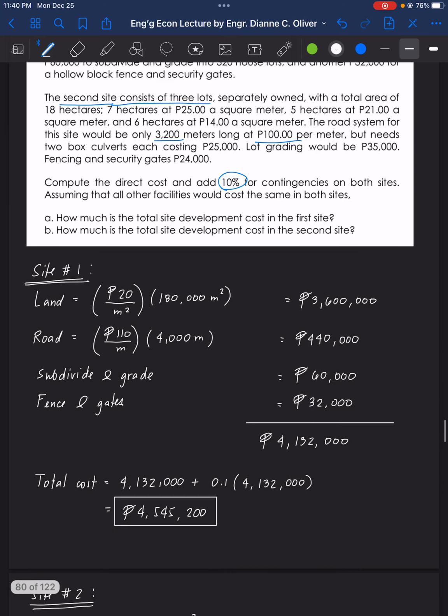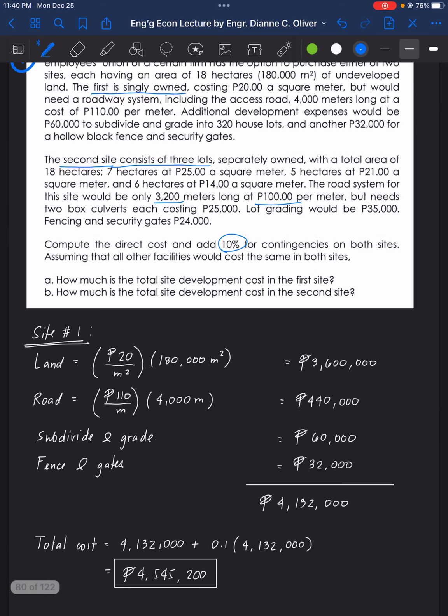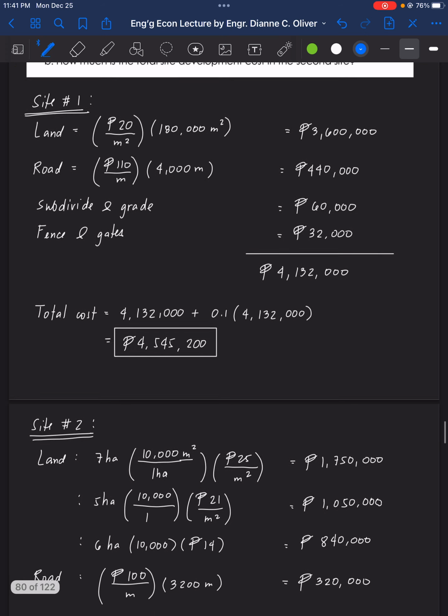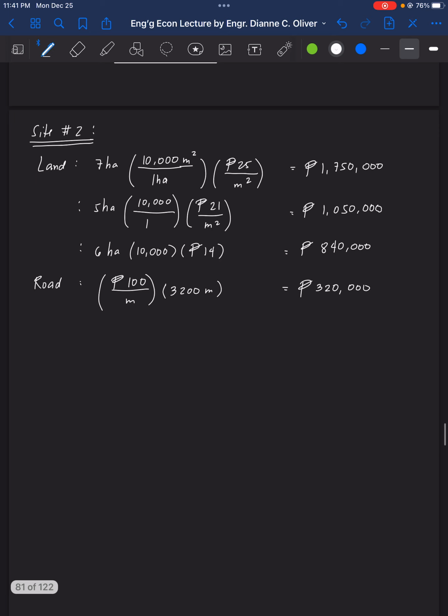Next, the 2 box culverts, each costing 25,000 pesos. So for the box culverts, that is 25,000 multiplied by 2, since it says each. So that is 50,000.